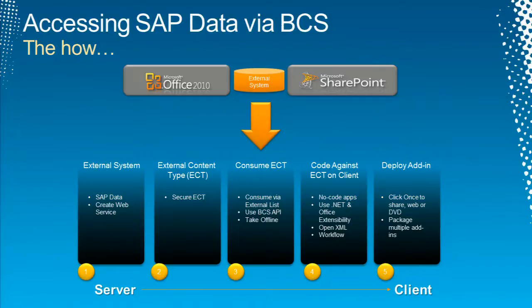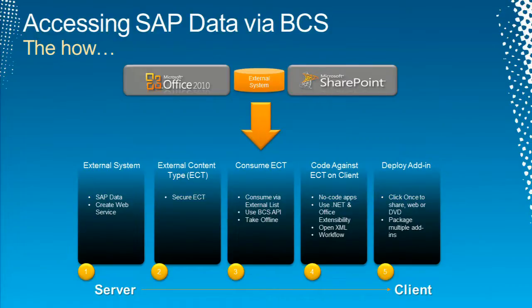Now, once that's been exposed, our next step is to create an external content type for it and to secure that external content type. What do I mean by secure it? Well, SharePoint 2010 has a number of ways that you can secure these content types. Are you going to be accessing that web service as yourself, or are you going to be using another account to access that?